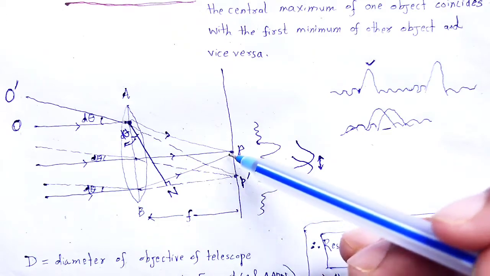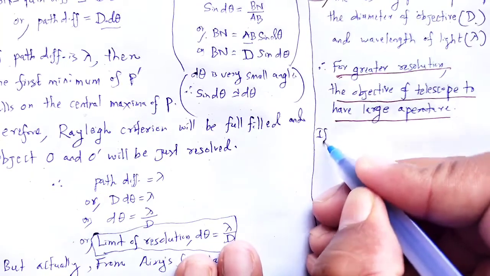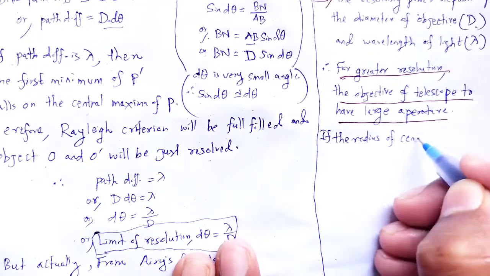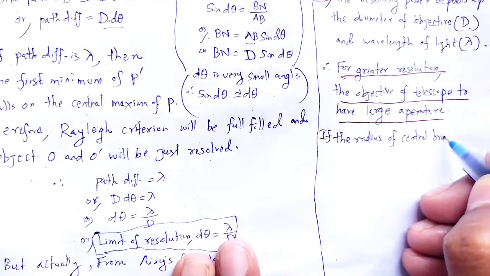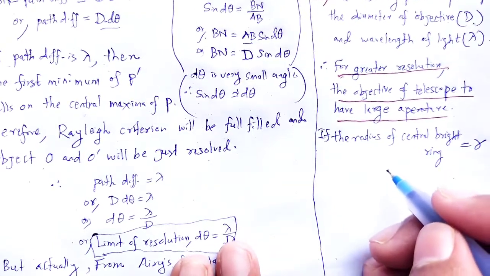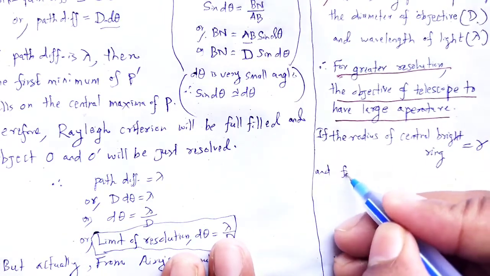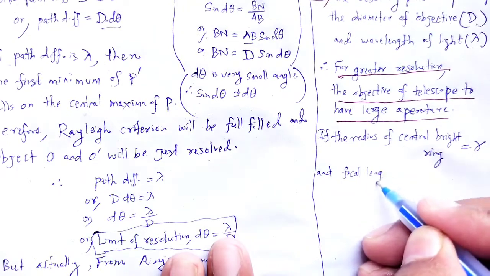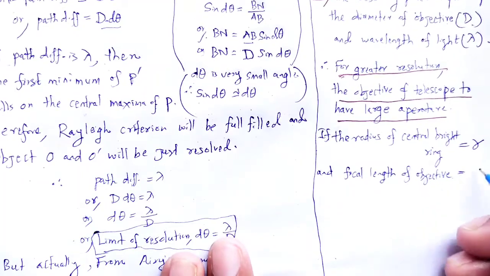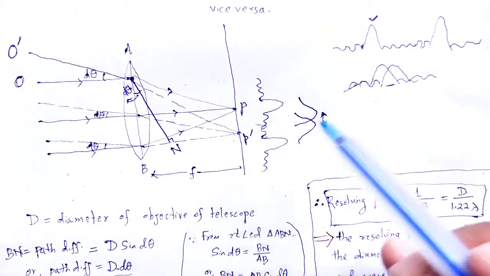If the radius of the central bright ring is equal to small r, and the focal length of the objective of the telescope is equal to small f. As we say, small f is the focal length.